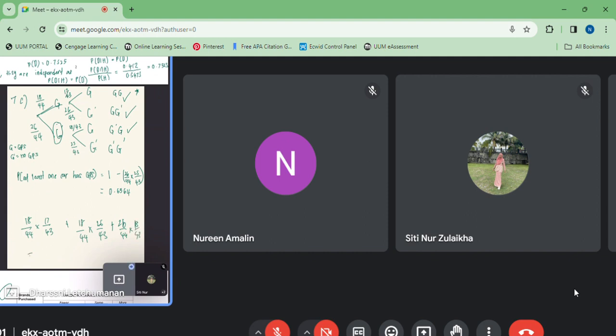Yeah, and then you get the answer. Or what you can do, all of this equals to 1. 1 minus the one that is not chosen, you will get the answer. You can just do this way. I did this way because it's much easier lah. 1 minus the one that both also don't have GPS. Then you'll get the answer. This answer and this answer will be the same only.